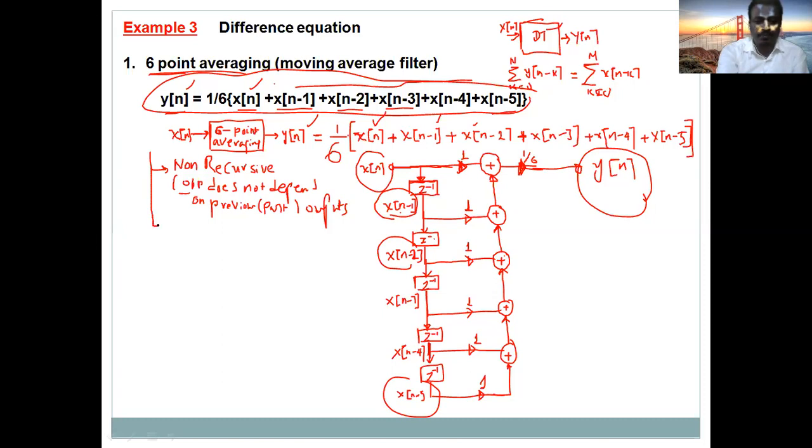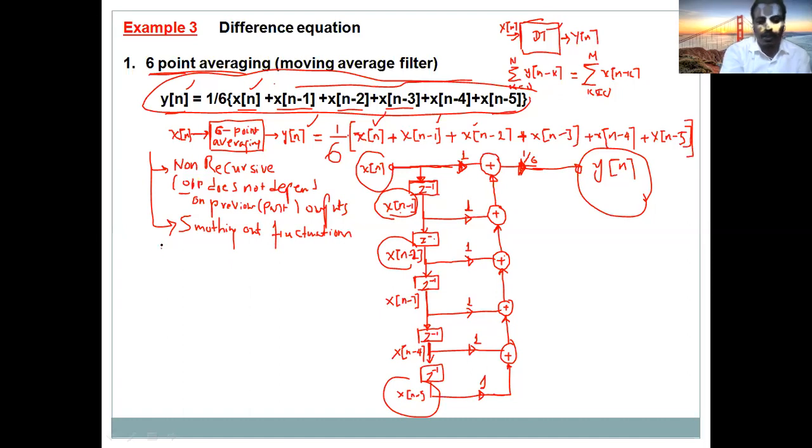So this system is used for smoothing out fluctuations. If there is a fluctuation, a rapid change in your signal, it will be smoothed out. So it's smoothing out fluctuations by doing what?